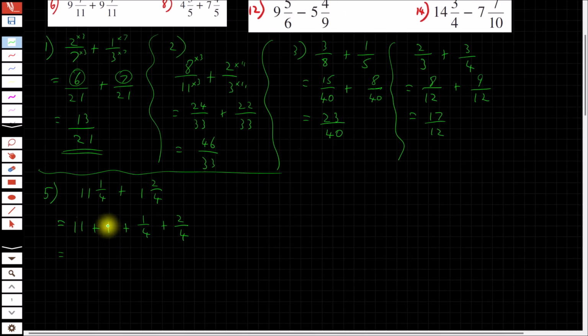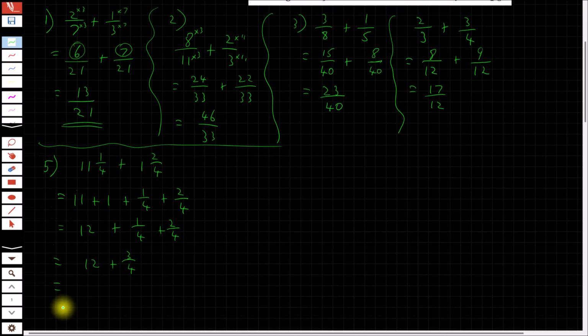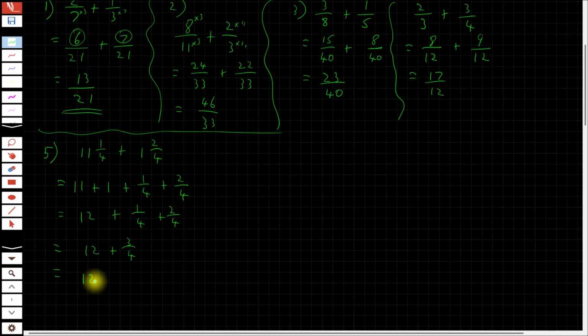So 11 plus 1 is 12. We still have the fractional part. We have the same denominators here, 4 and a 4, so we can simply add the numerators together. 1 plus 2 is 3. So we have 12 plus 3 over 4, which is, in a mixed number format, 12 and 3/4.